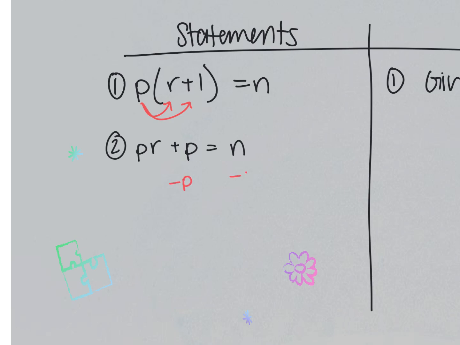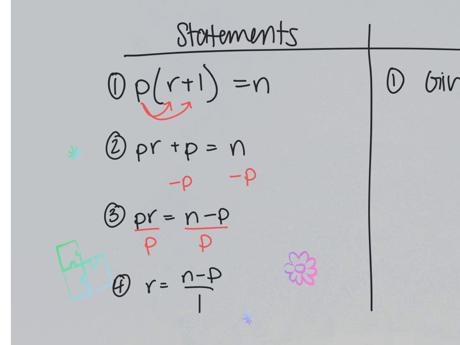Subtract P. So I'm going to have PR equals N minus P. Now what do I do next? Good. I'm going to go ahead and divide by P. And then I'm going to get R equals N minus P over P.